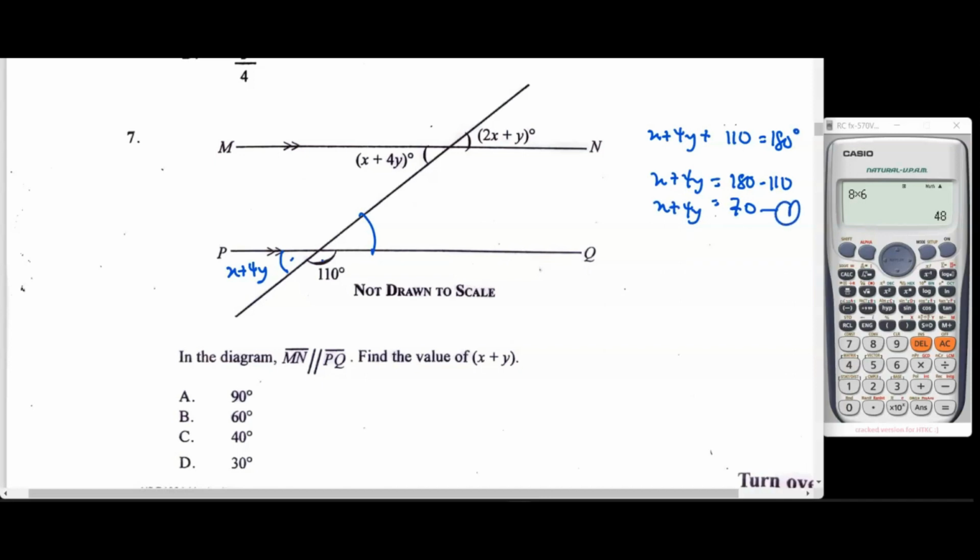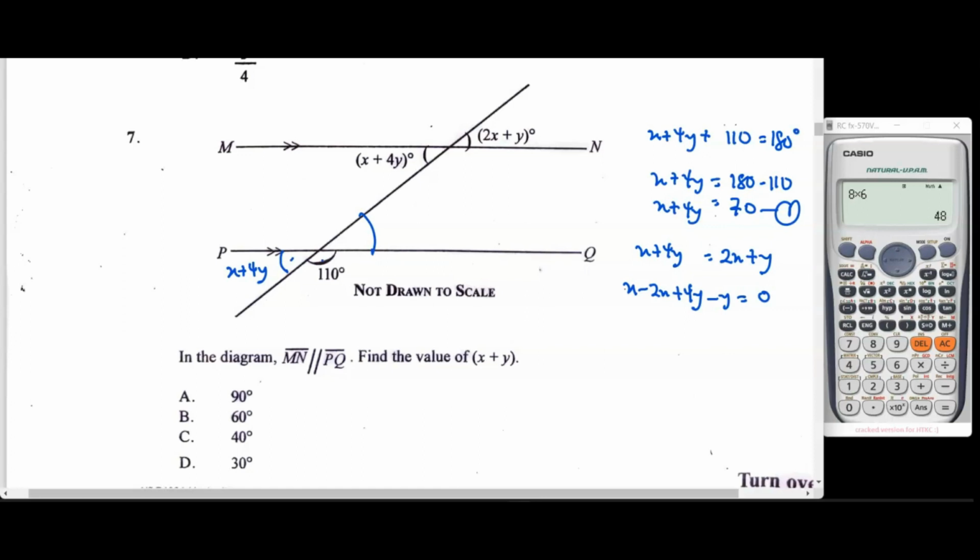Secondly, we are saying that x plus 4y is equal to 2x plus y degrees, because they are vertically opposite angles. So we have x plus 4y equal to 2x plus y. Now, generating a single equation and equating all to 0, we have x minus 2x plus 4y minus y all equal to 0.